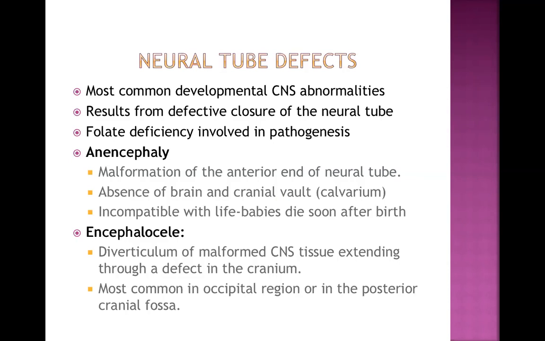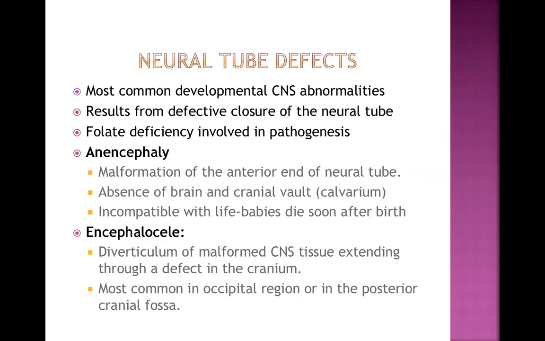They may result from defective closure of the neural tube, okay, and folic acid deficiency is mainly involved in pathogenesis here. Very important question in the exam. Folic acid deficiency in the mother, okay, during pregnancy can result in neural tube defect development in the baby.